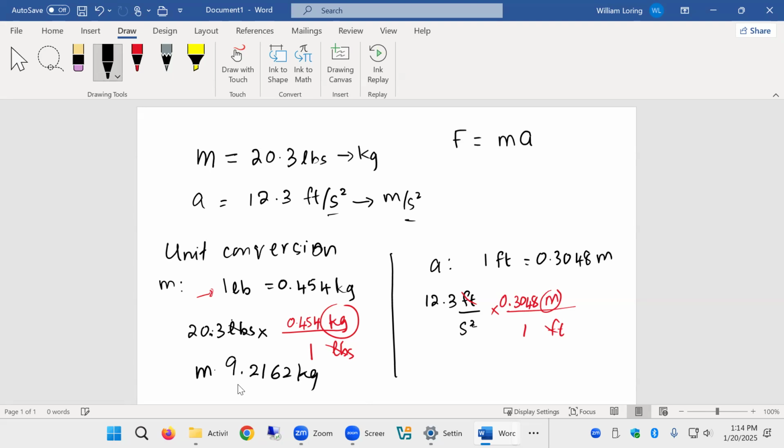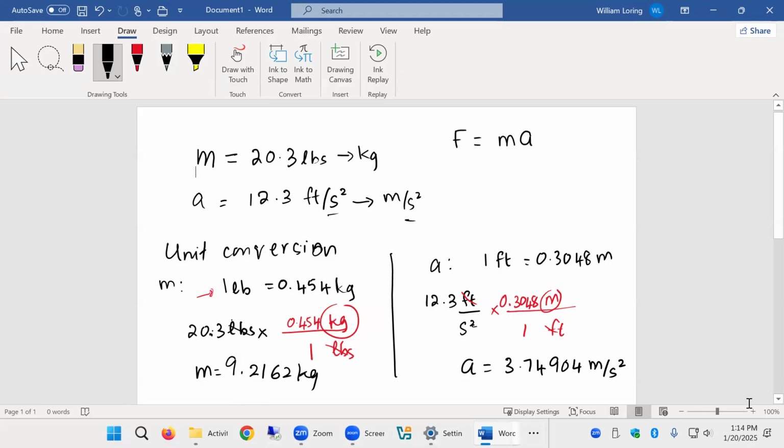That's your mass. And here I have 12.3 times 0.3048, so A is equal to 3.7904 meters per second squared.